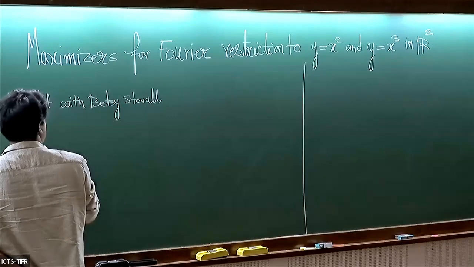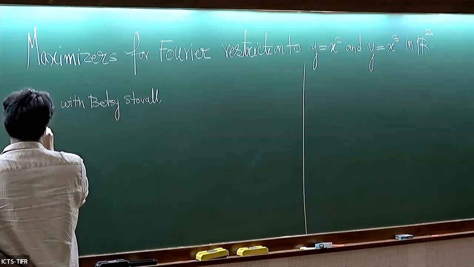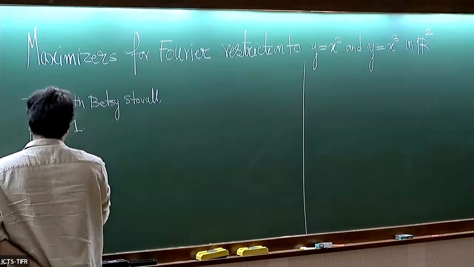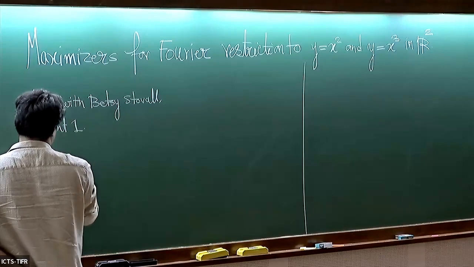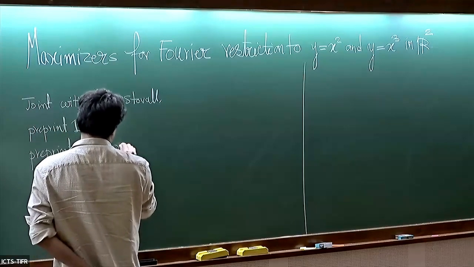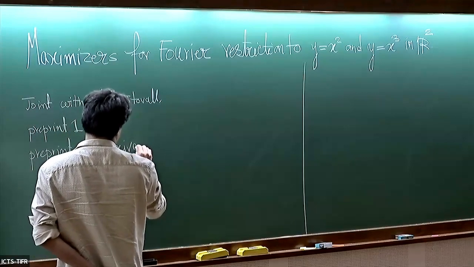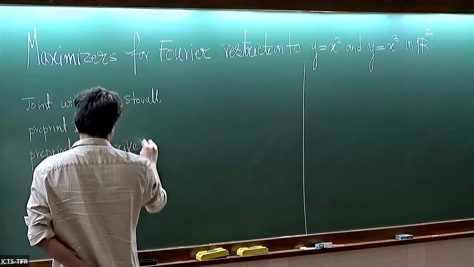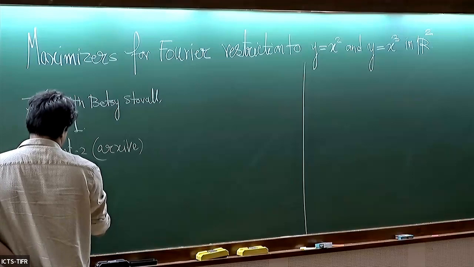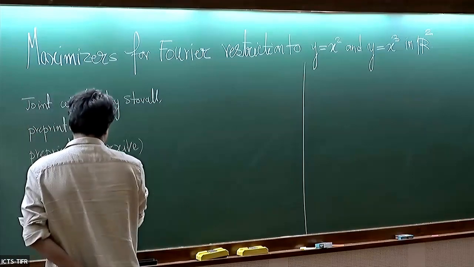Based on three preprints. Preprint 1 is published, preprint 2 is on arXiv, and preprint 3 is a manuscript more likely.